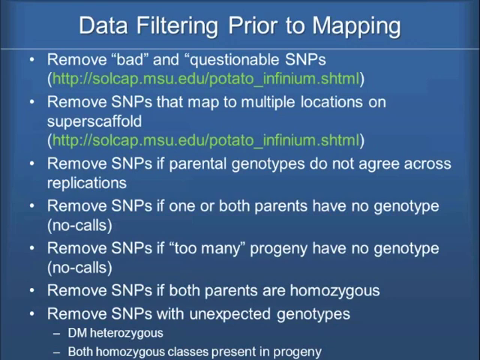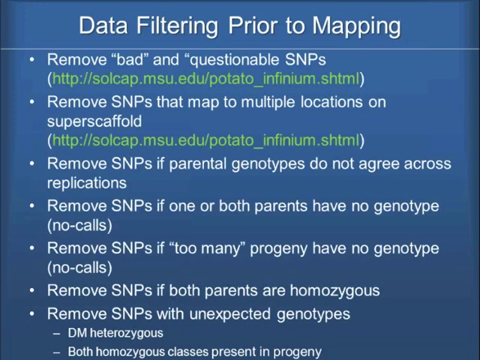You can also remove the SNPs that map to multiple locations in the superscaffold, so you want to filter those out in the same file. We're going to remove the parental genotypes that do not agree across replications. That's kind of logical. We want to remove SNPs if we don't have a genotype for one of the parents. We've got so many to work with. Why would you keep one in if there was a no call on the parents?